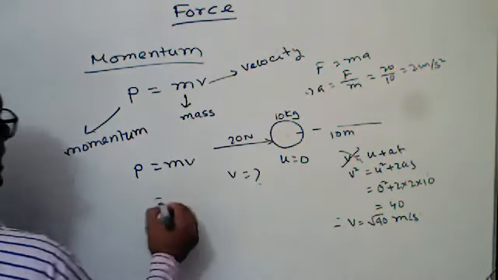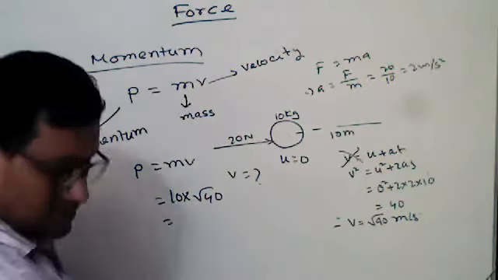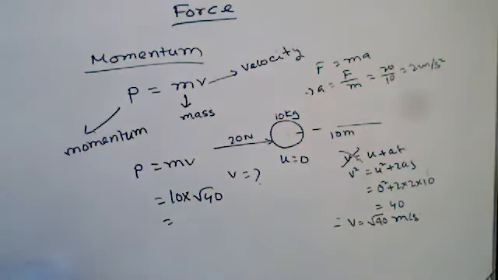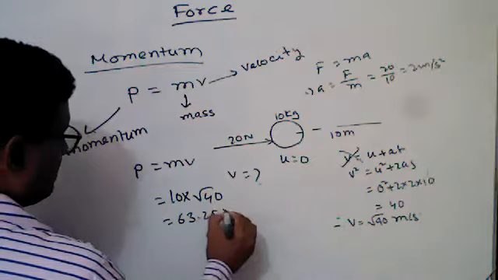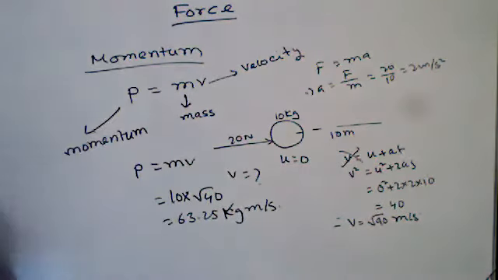So now m equals 10 and v equals root over 40. So this is the answer: 10 into root over 40, and it will be 63.25 kilogram meter per second. Okay.